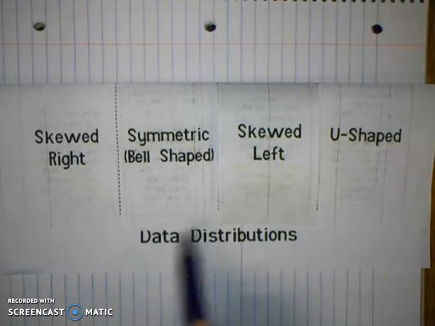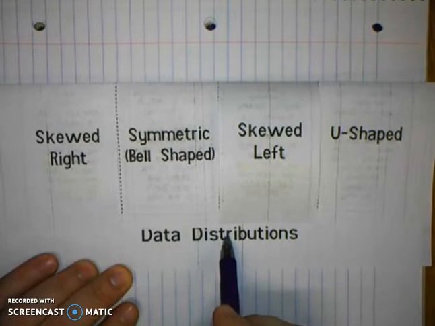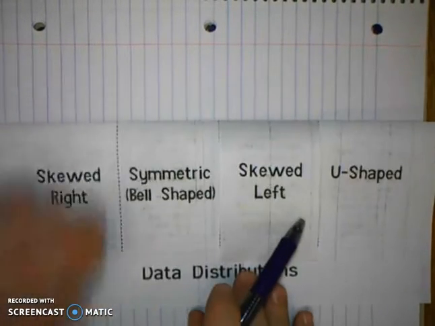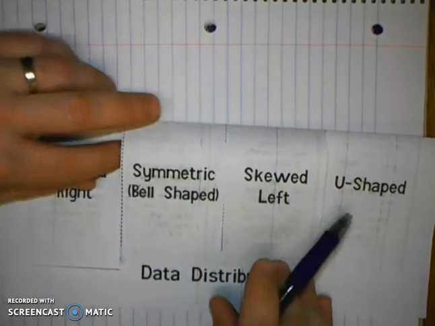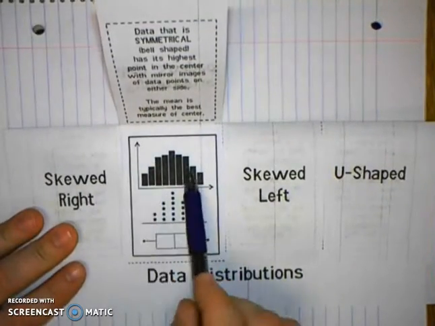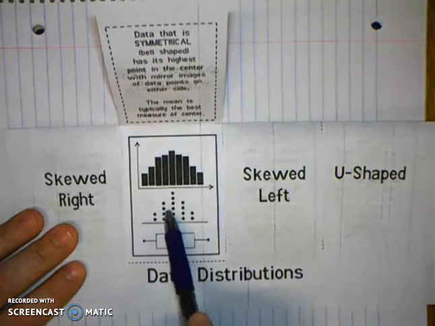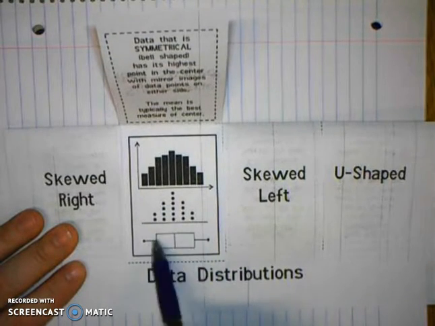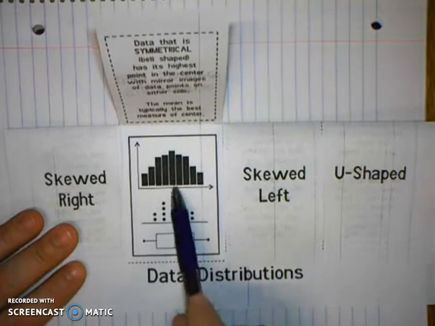Okay, and so we looked at these data distributions, and the first one we looked at was a symmetric or bell-shaped distribution, and that's any time that the data, when it's organized in either a histogram or a dot plot or even the box and whisker plot, looks very symmetric.